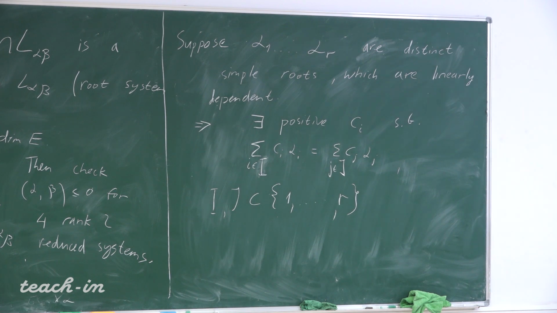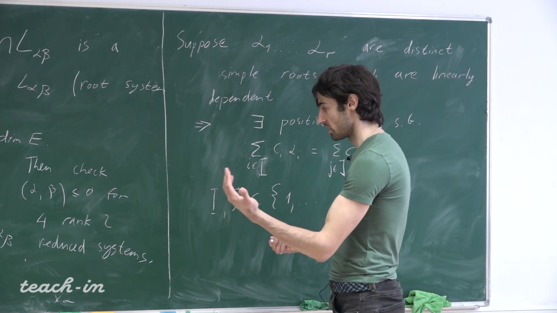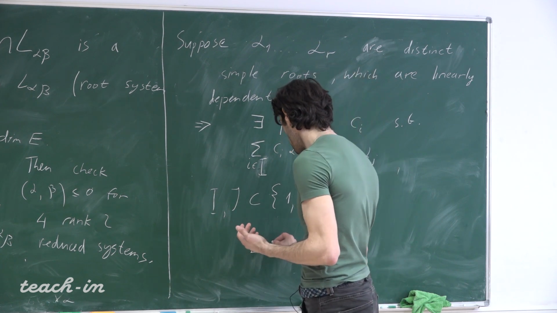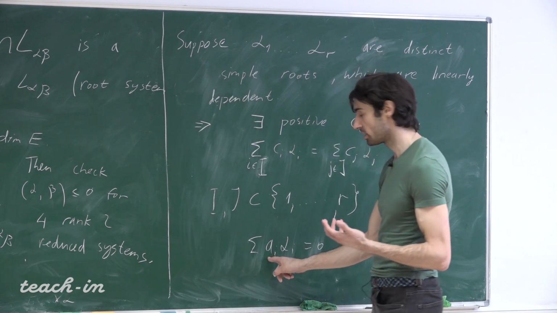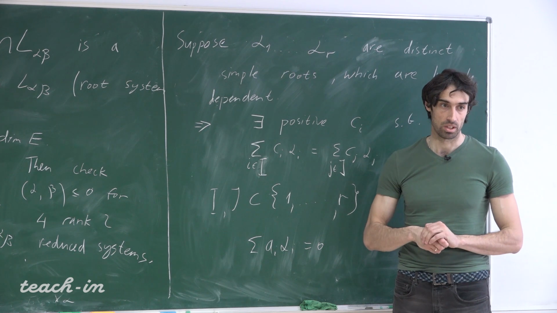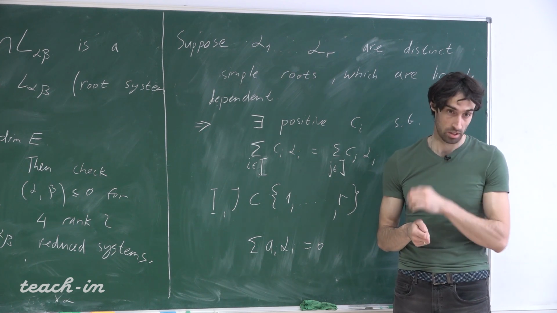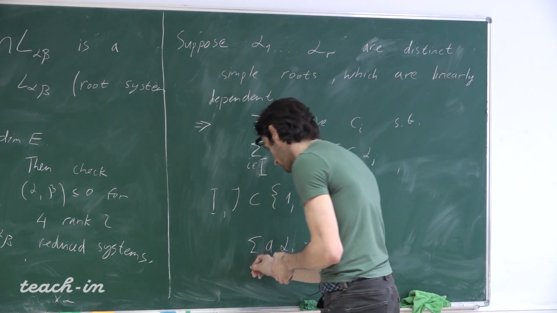So what I did: suppose they're linearly dependent, right? Therefore I can write down a sum like this, sum ai alpha i equals 0, where at least one ai is not 0. This is what linear dependence means, with i from 1 to r.